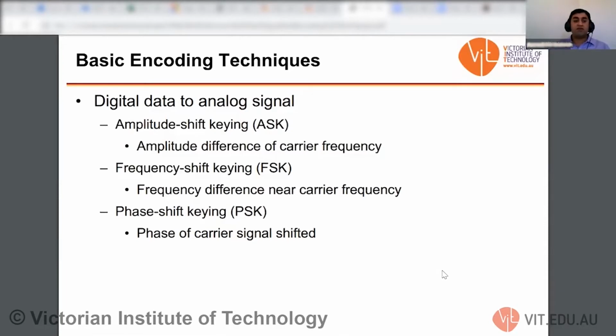And then we'll see frequency shift keying. Frequency shift keying is when there is a difference in the frequency of the signal. For a 0 and for a 1, we may have different frequencies in frequency shift keying, whereas in amplitude shift keying, a 0 or a 1 could be determined with the presence of a signal and with the absence of a signal.